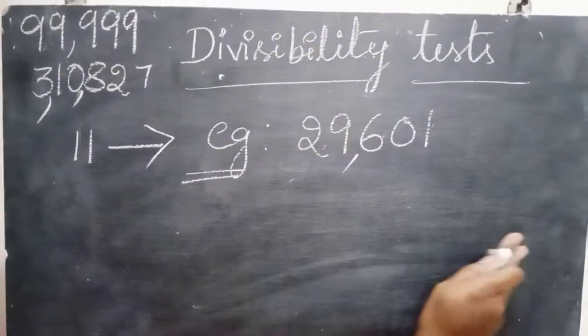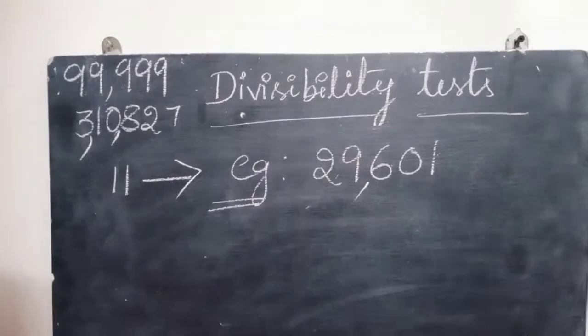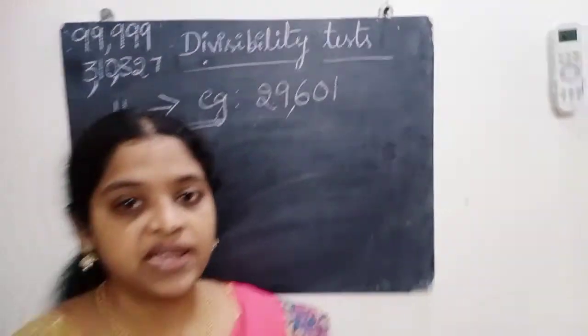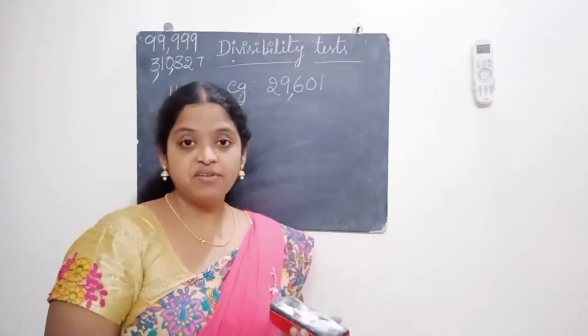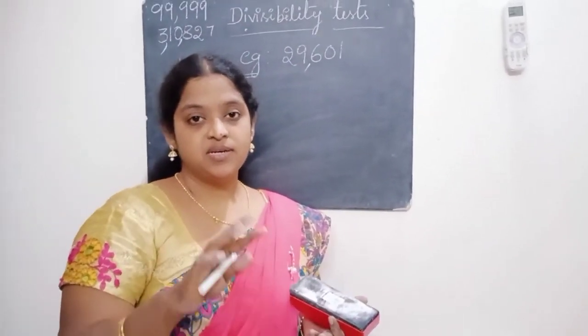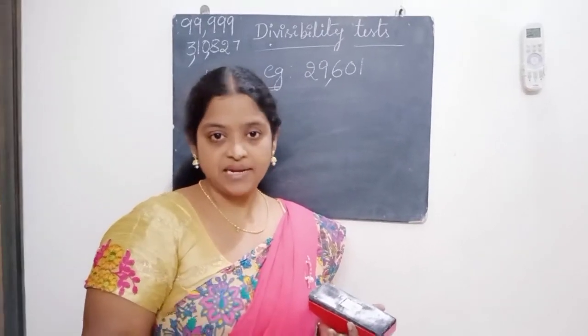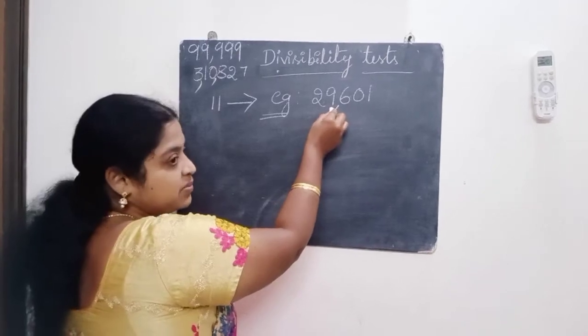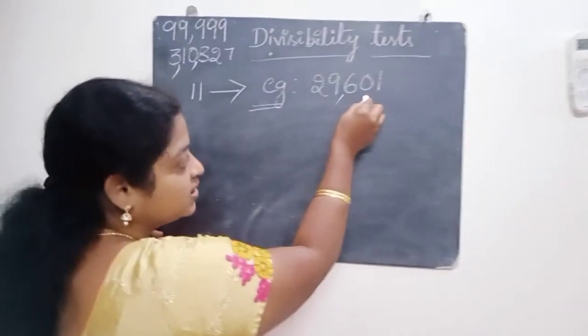Here, first you have to find out the odd places. Odd numbers are 1, 3, 5, 7, 9. Then even numbers are 2, 4, 6, 8. Here we can check the first number, second, third, fourth and fifth.